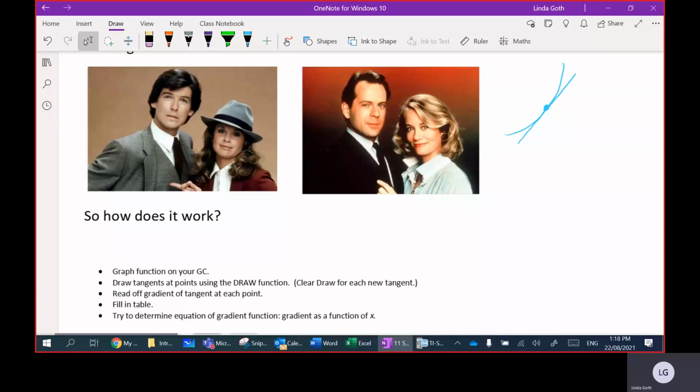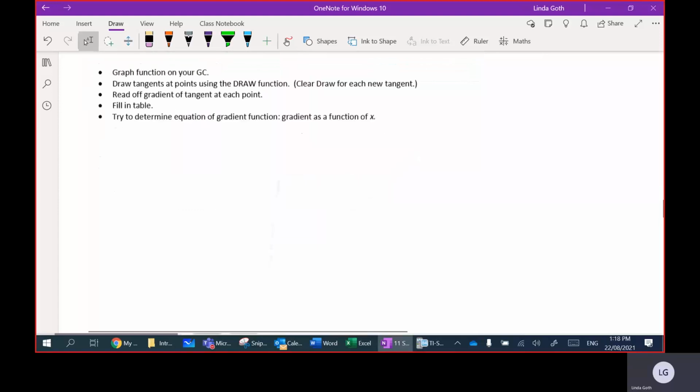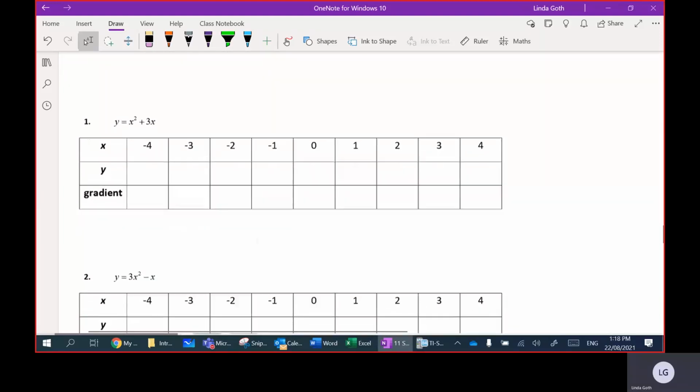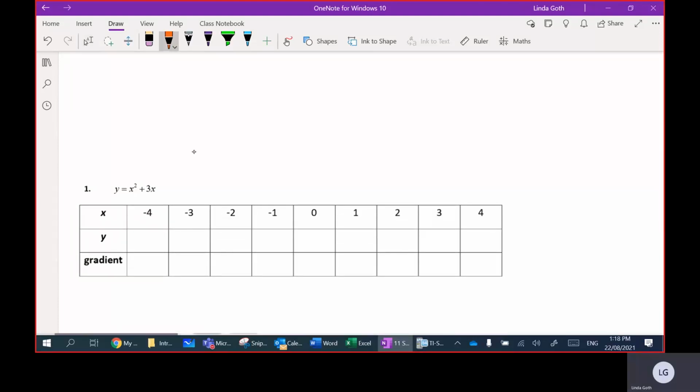The first one we're going to have a look at is y equals x squared plus 3x. You will recognise that as being the graph that we looked at in our lesson number 1. So we're looking at y equals x squared plus 3x. We know that it looks like this.